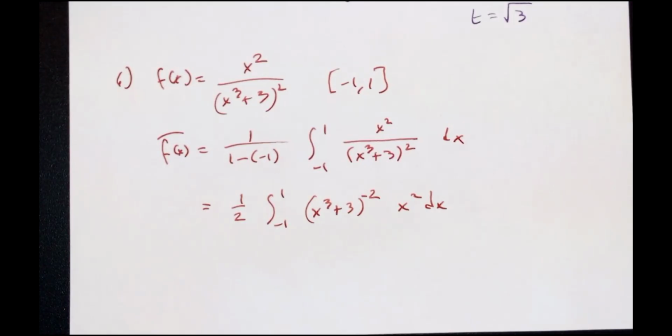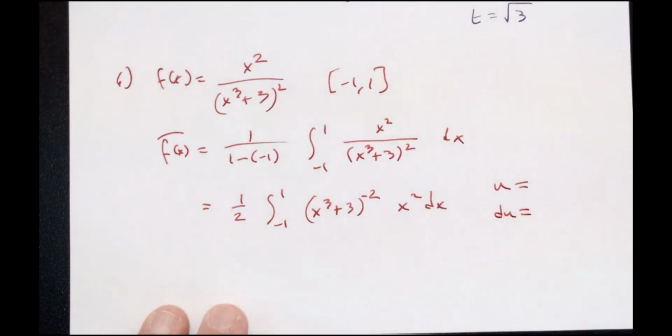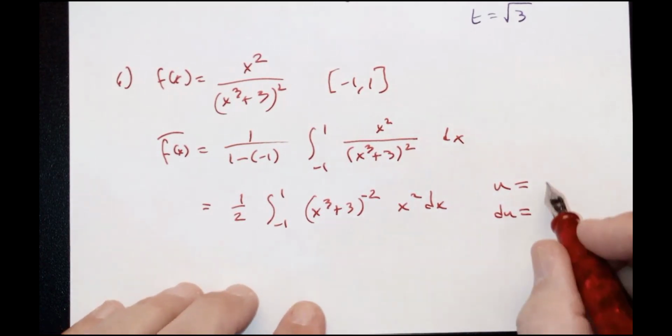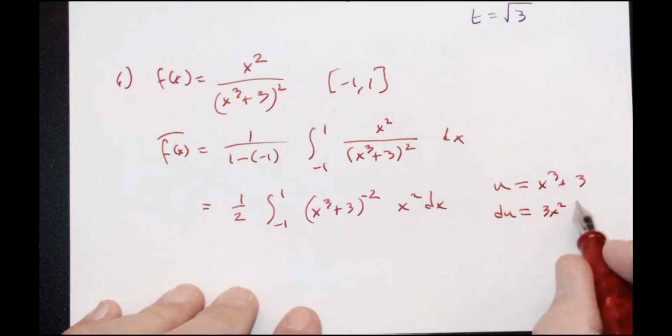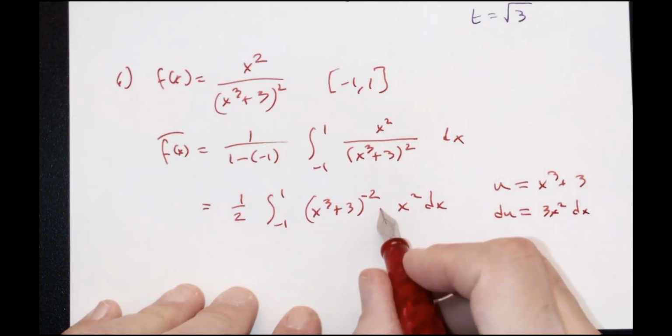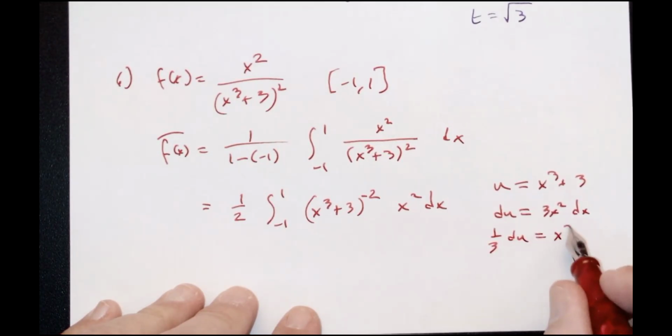Ugly to a power, I'm going to do a U substitution. So u should be x cubed plus 3, which means the derivative of that is 3x squared. I don't have a 3 next to my x squared, so I'll get a 1/3.